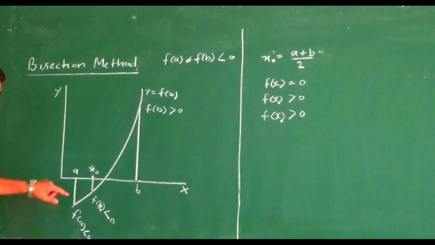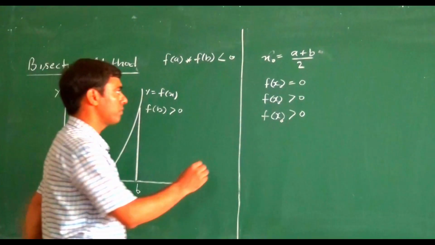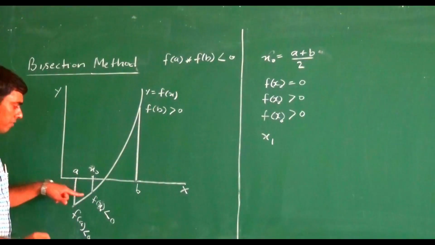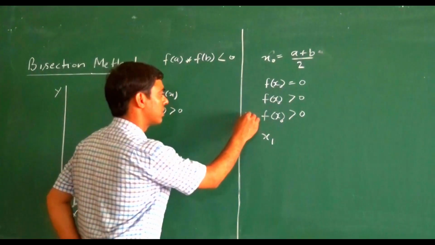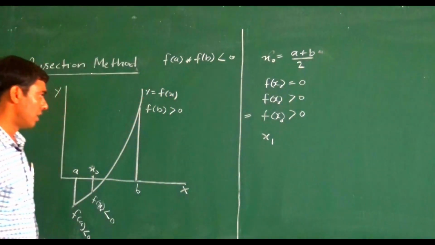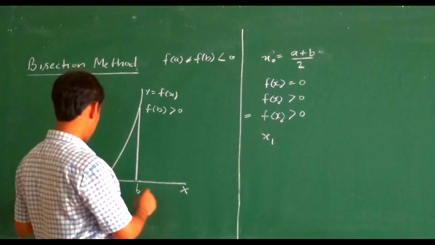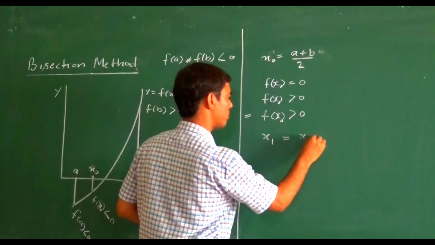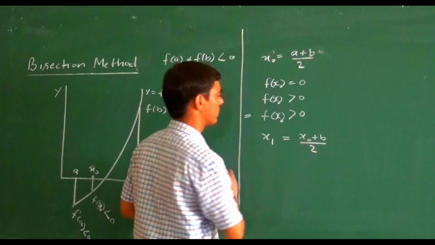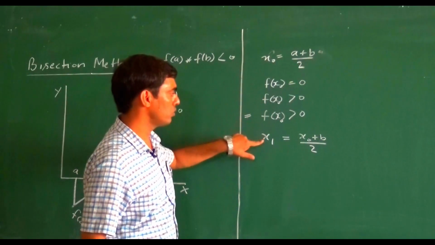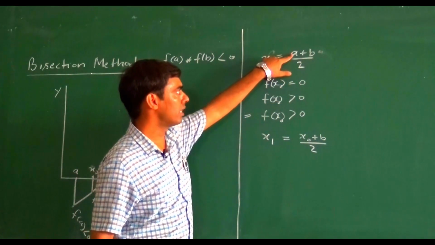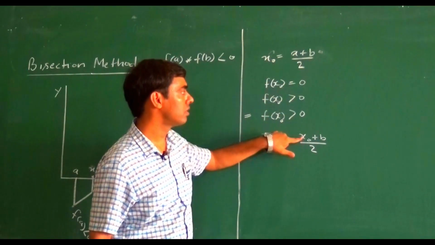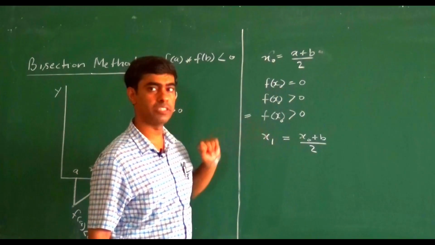Now how do we find the value of x1? In this case, if f(x0) is less than 0, x1 equals (x0 + b)/2. If we closely observe x0 and x1, what happens here? Here we interchange the value of a with x0.